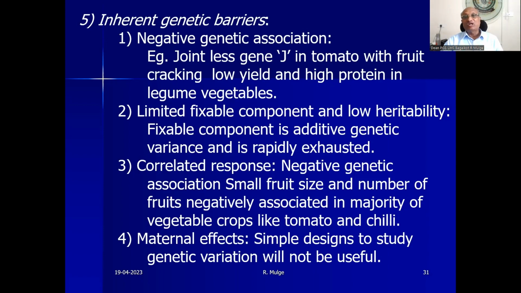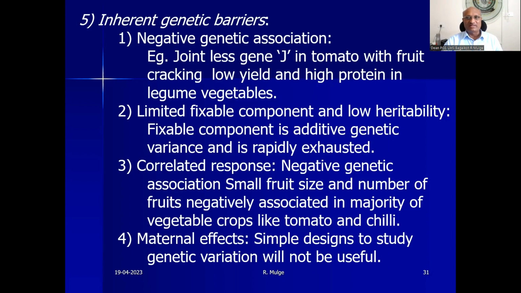Then limited fixable component and low heritability. The fixable component is additive variance. For non-additive, you have to go for specialized breeding methods like heterosis or recurrent selection. But if you have a fixable additive component, you develop a pure line variety. That solves your problem, because pure line variety seed production is easier.